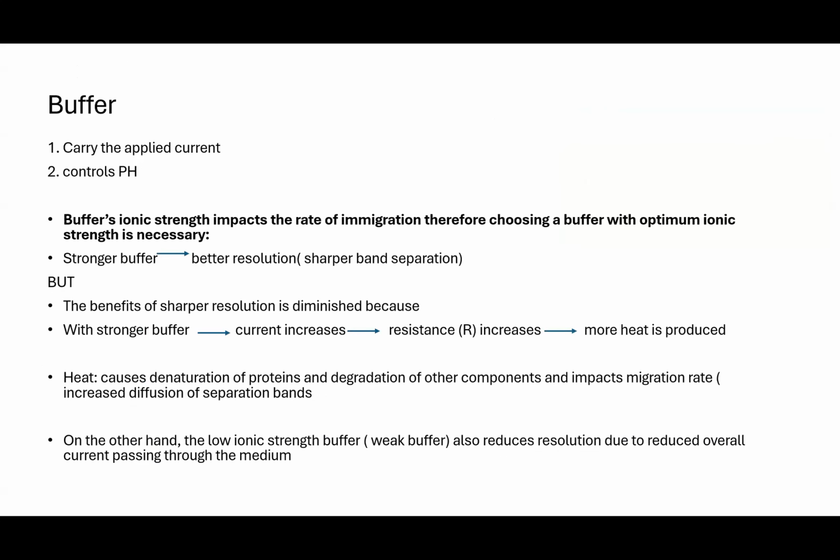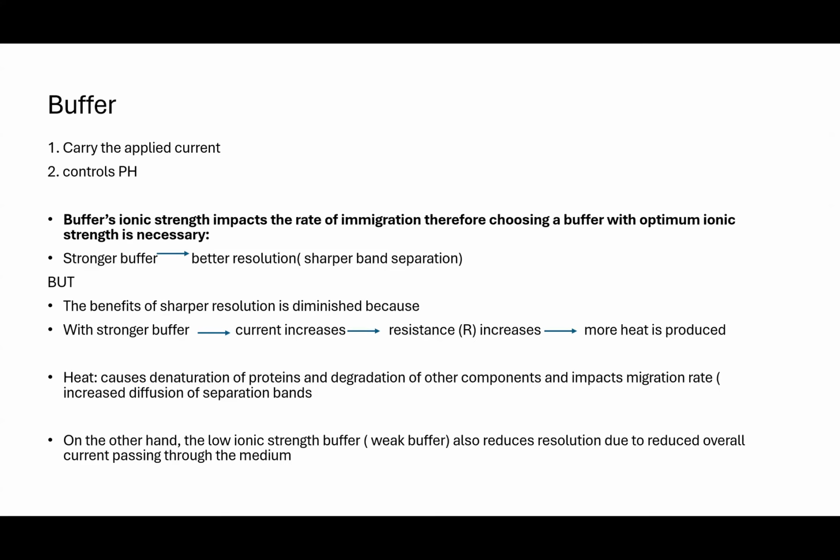Okay, the other component of electrophoresis is the buffer. Basically, the buffer carries the current, but it also controls the pH. When choosing a buffer, it's really important to choose one with optimum ionic strength. I will tell you why.